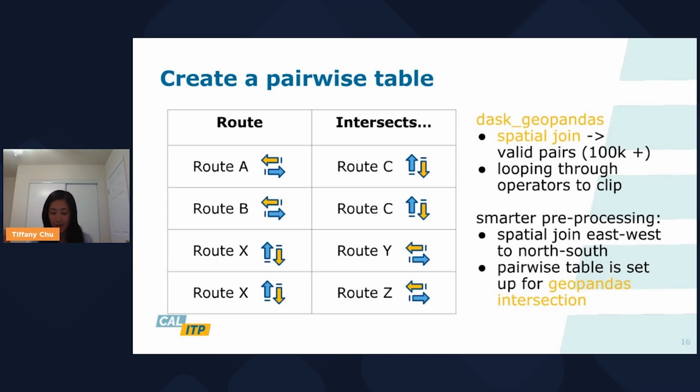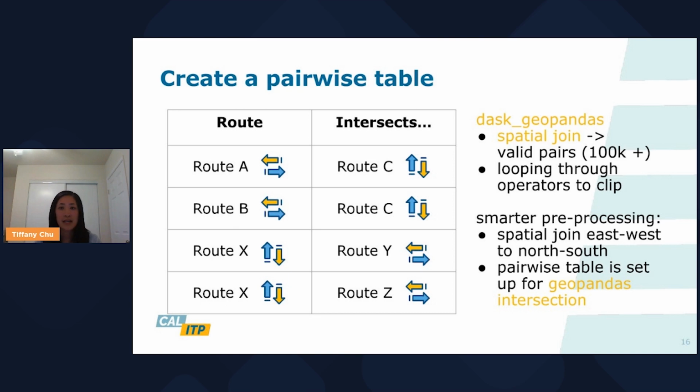So what can we do with these 2 ideas to help us? Well, what we'd like to create is this pairwise table where we say, okay, this east-west route intersects with this north-south route. But there's so many combinations, how can we do this? Clipping is very expensive. We don't want to try all the combinations out there.